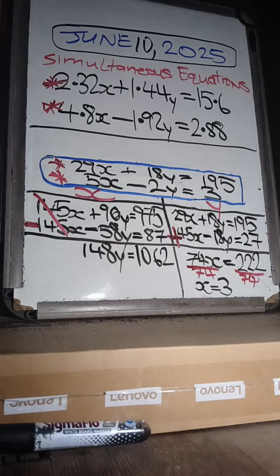No, wrong. Let me try this again. 1062 divided by 148. See? Unless, but I doubt that though.